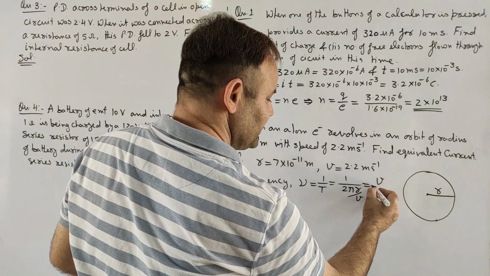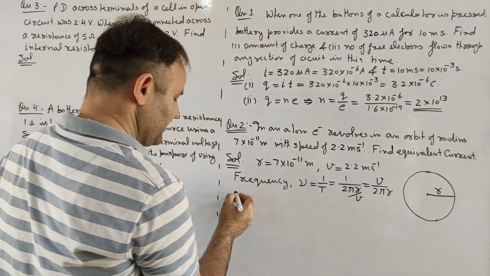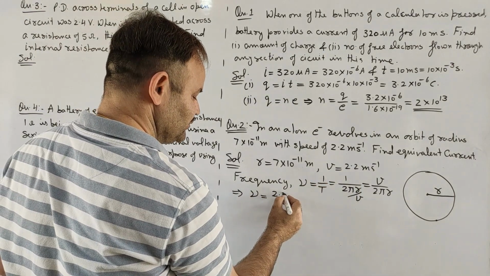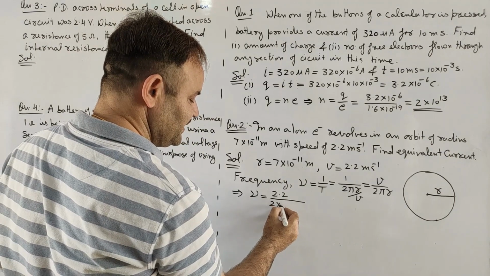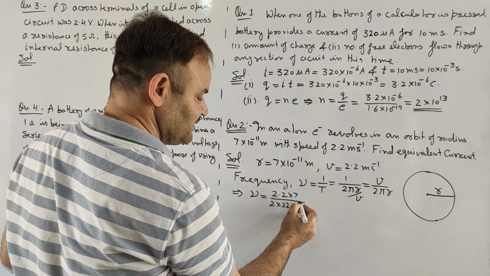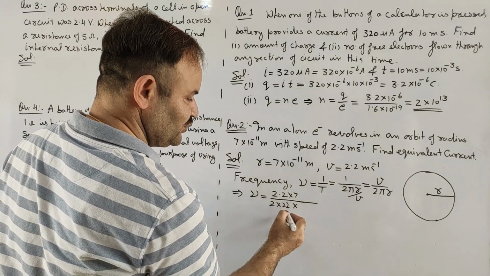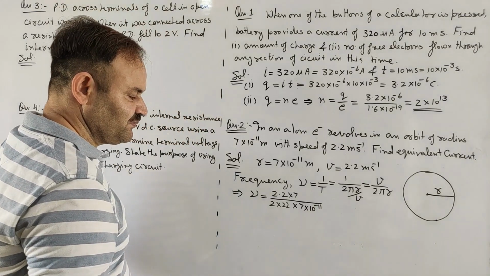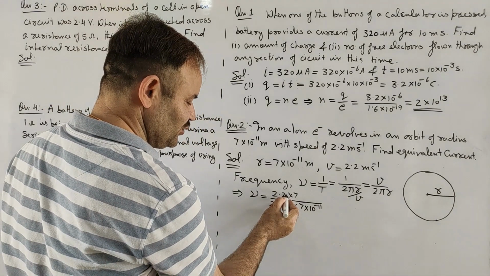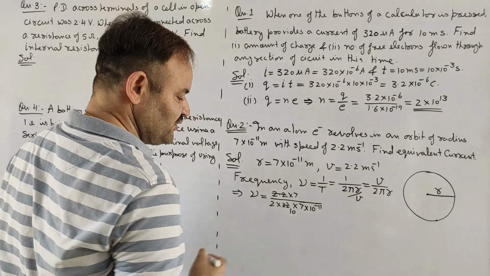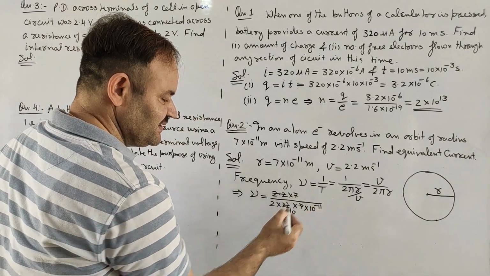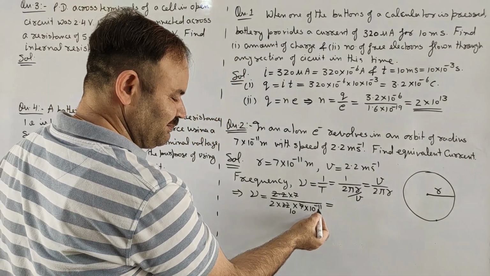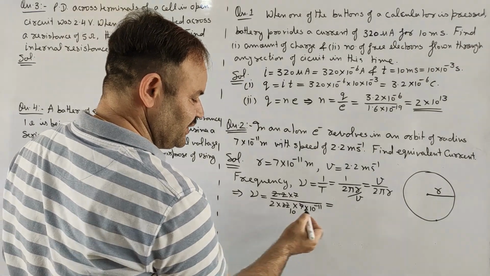So frequency will be v upon 2 pi r, and this can be calculated as nu equal to 2.2 upon 2 into 22 by 7 into r, which is 7 into 10 to the power minus 11. Here 2.2 times 10 gives 22, and 7 will get cancelled with 7, giving 10 to the power minus 10 and 2 in the denominator.